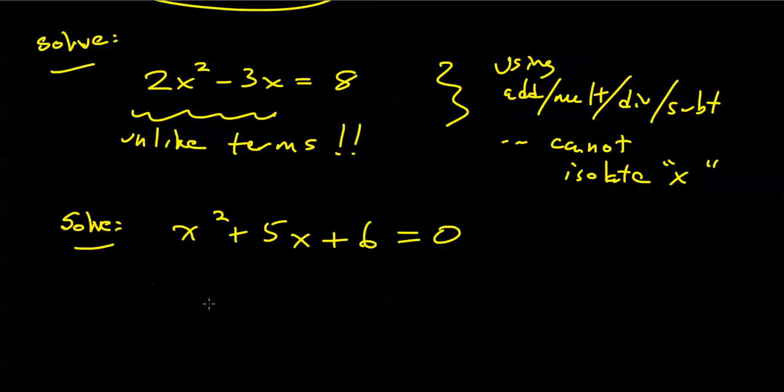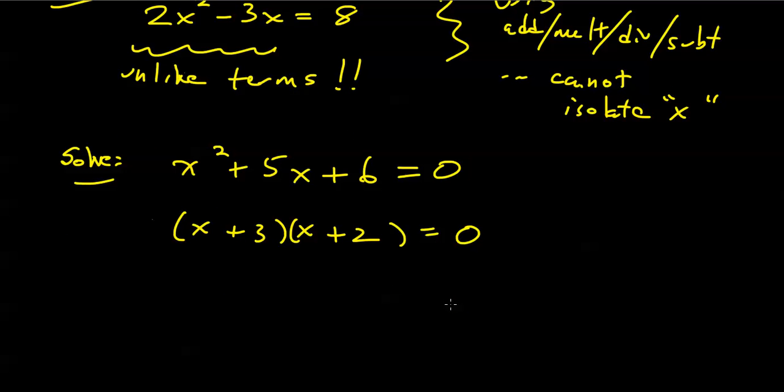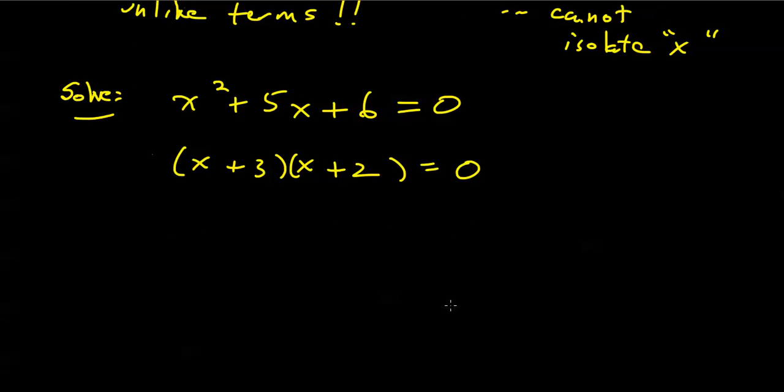Again, x squared and 5x, these are unlike terms, so can't be combined. Alright, so what I'll do is I'll factor the left-hand side. I believe that'll do it. So I'll get the equivalent expression, x plus 3 times x plus 2 equals 0.